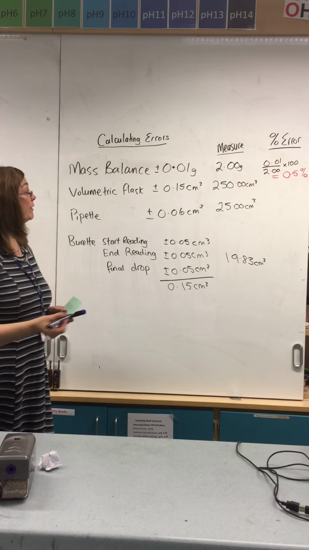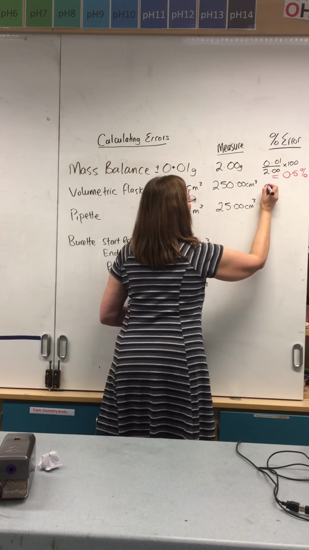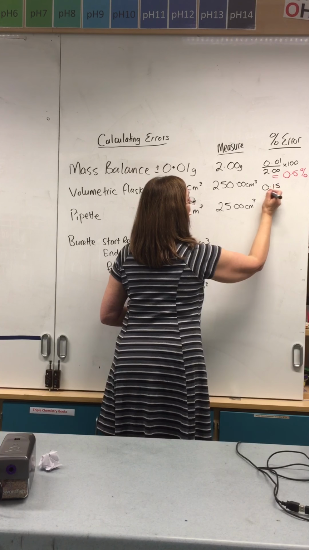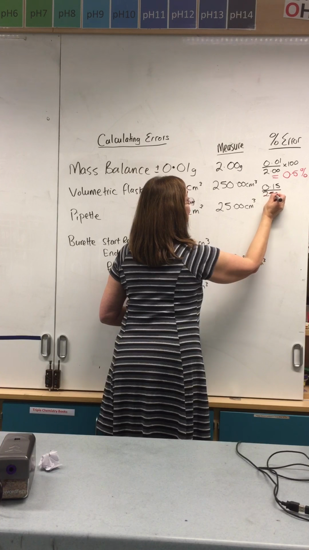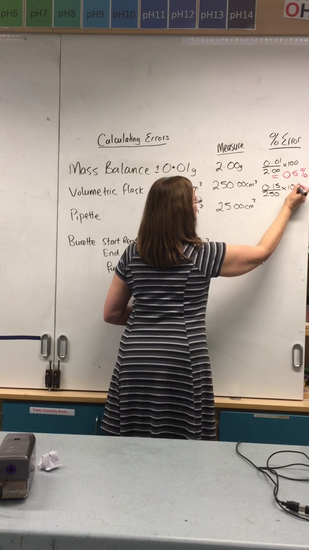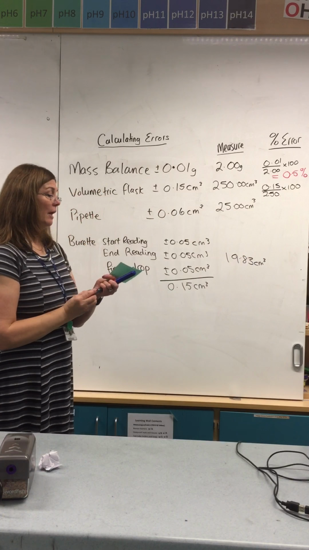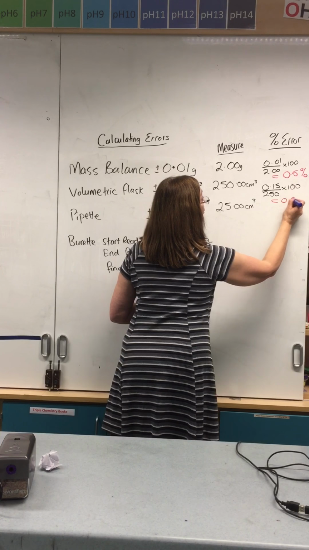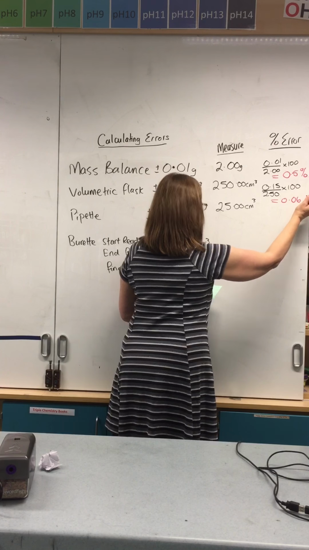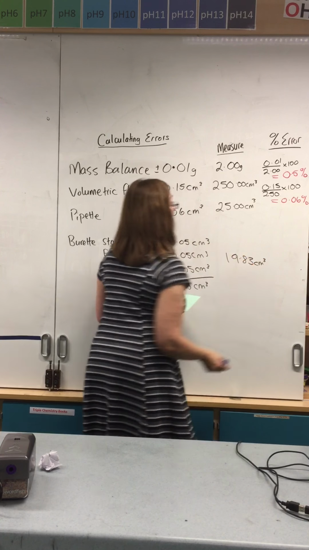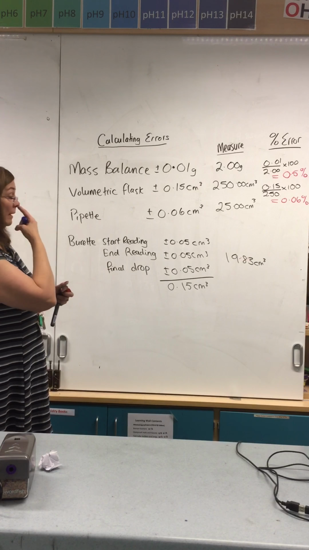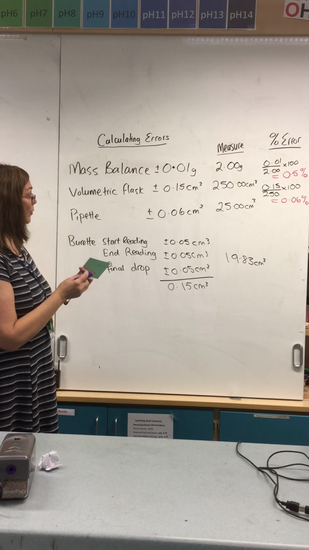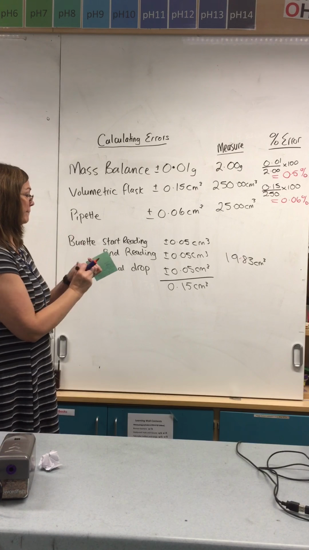The volumetric flask has an error of 0.15 over 250 centimetres cubed times 100, and that gives me an error of 0.06%. The error on the pipette is 0.06 over 25.